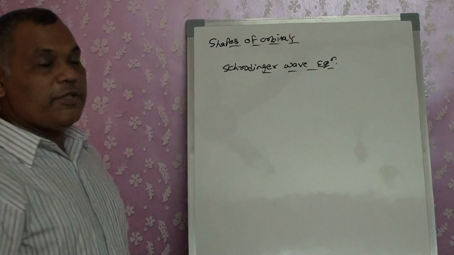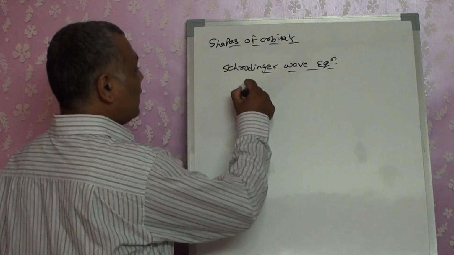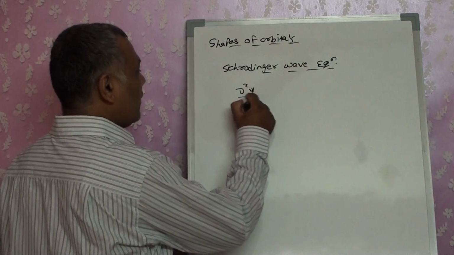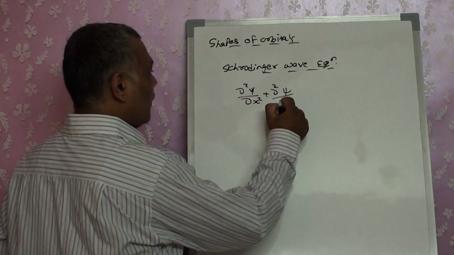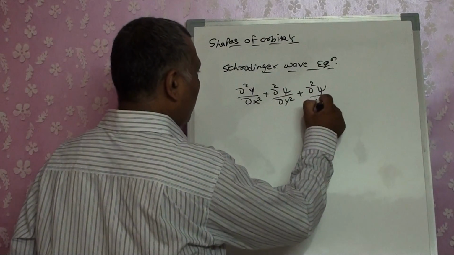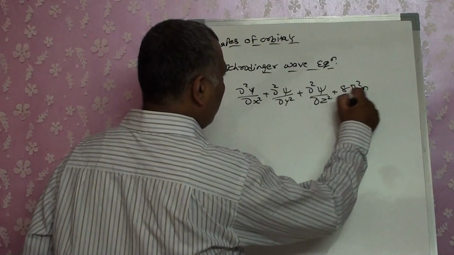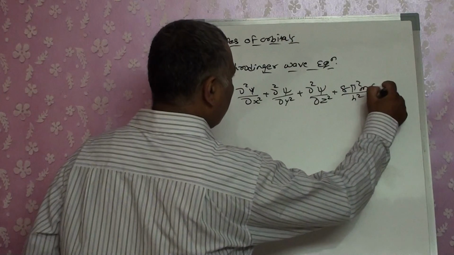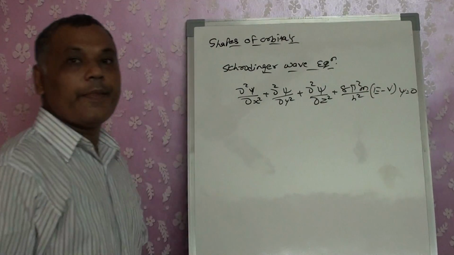Now, this Schrodinger wave equation is given as del square psi by del x square, plus del square psi by del y square, plus del square psi by del z square, plus 8 pi square m upon h square, into E minus V, psi equals 0.